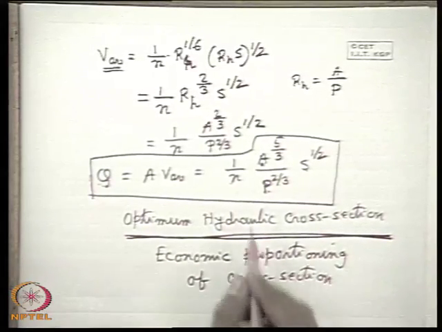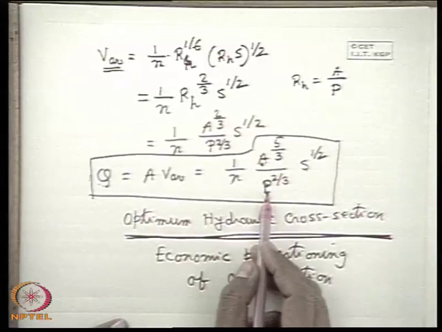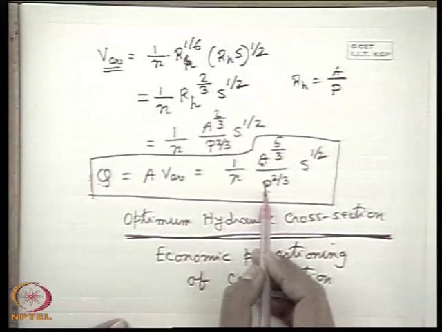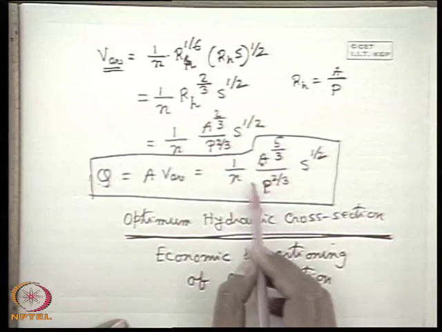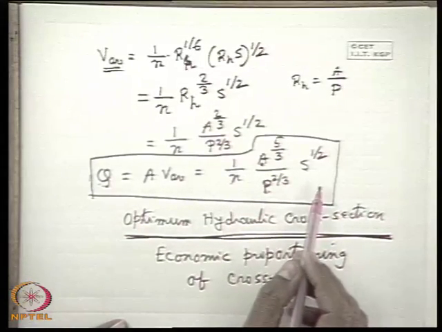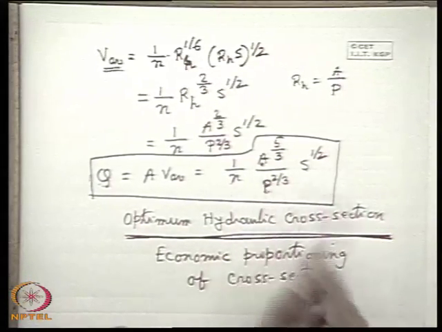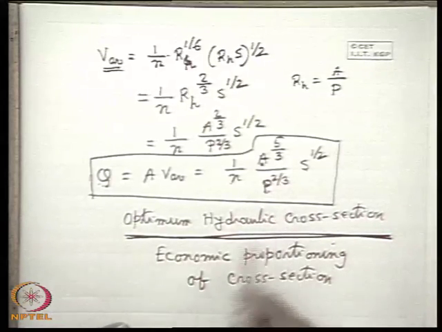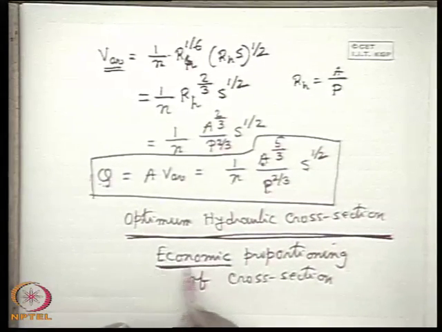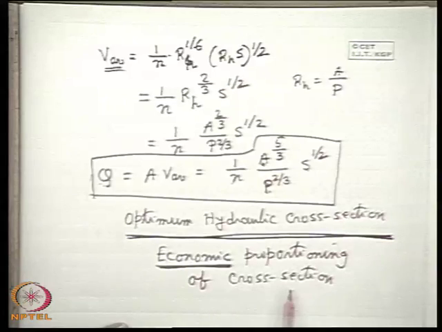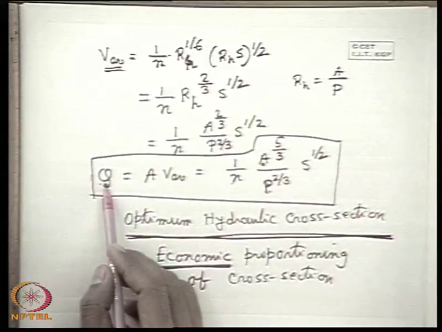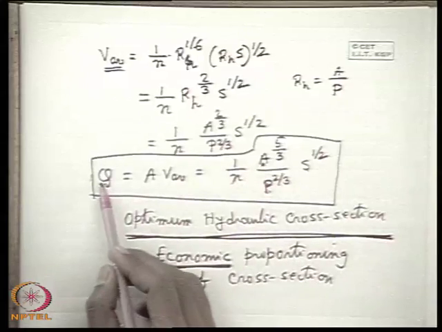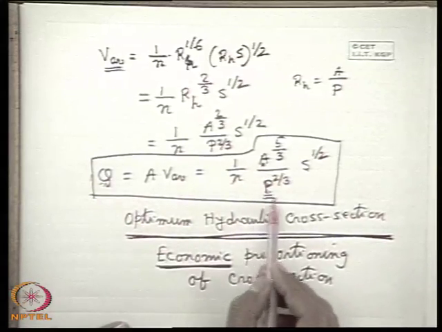Because if the wetted perimeter is minimum for a given cross sectional area, then we require minimum lining material to be added to the channel bed and the channel surface. So this pertains to the word economic. It is economic proportioning of cross section, or optimum hydraulic cross section, that gives the maximum discharge for a given area, or for a given discharge the minimum wetted perimeter.